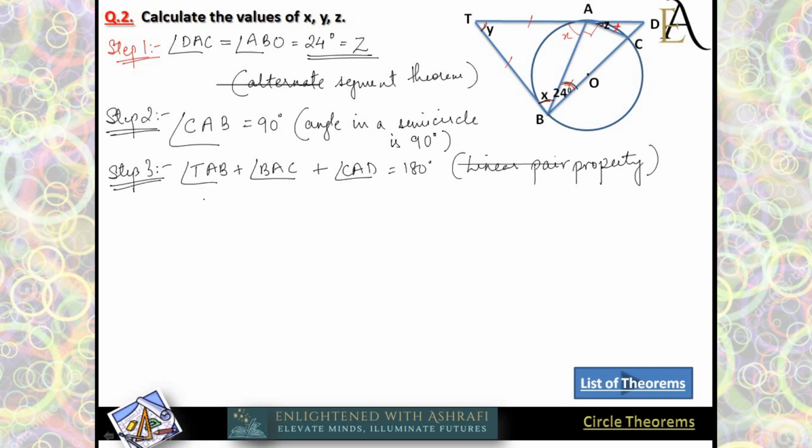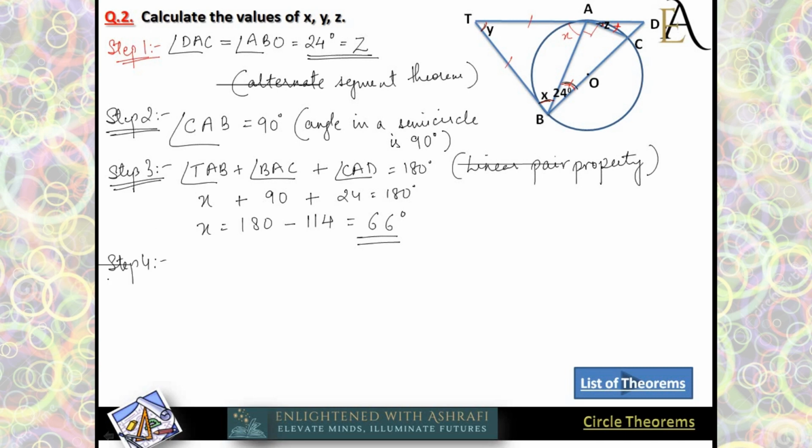So angle TAB, for example X, plus this BAC is 90 plus CAD is 24 equals 180 degrees. So X is equal to 180 minus 90 minus 24, which is equal to, how much is this? 166. This becomes 7 minus 1, 6, 66.